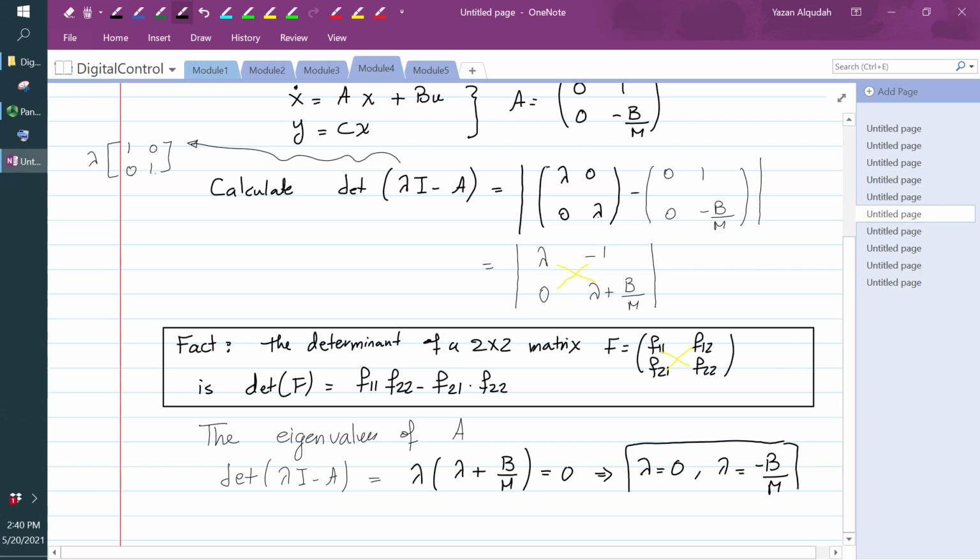And if I look at these values that I got for the eigenvalues, these eigenvalues are the same as the poles of the system. And these are the same as the poles that we got from the transfer function.